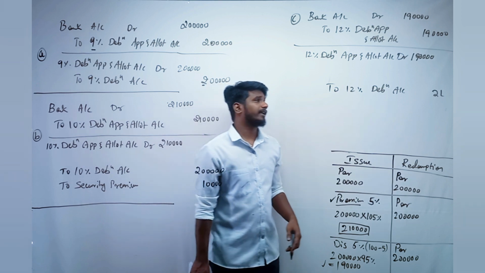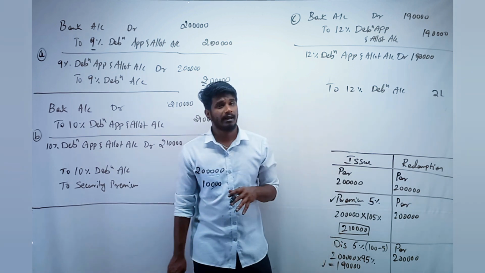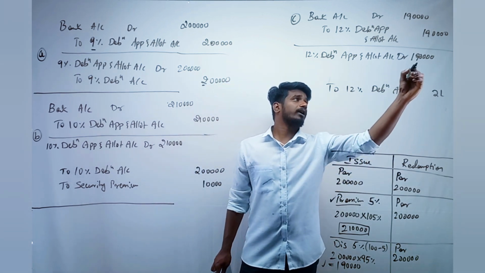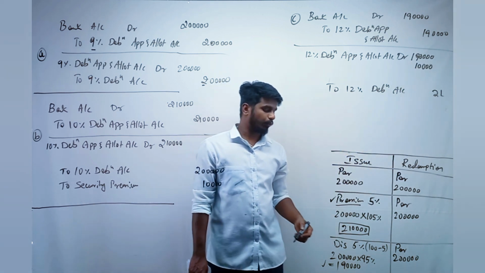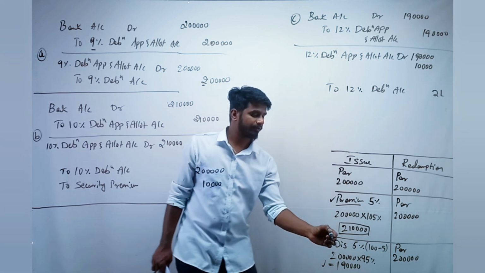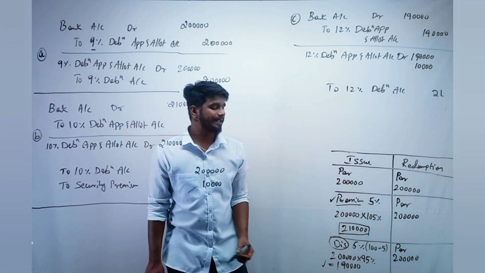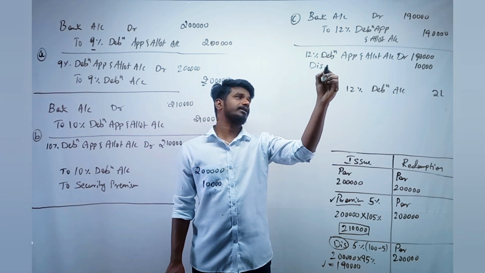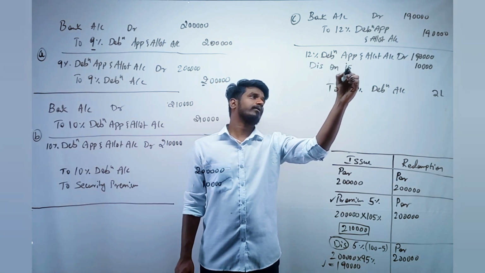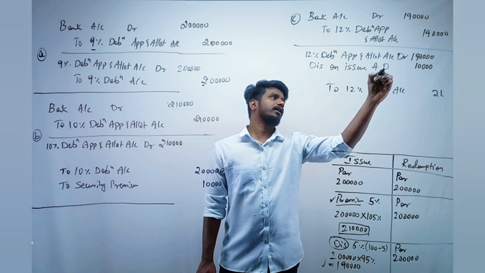So which side is less? Debit side is less for 10,000. So what should we write? So what we have done here, it is discount. Just write discount on issue of debenture.